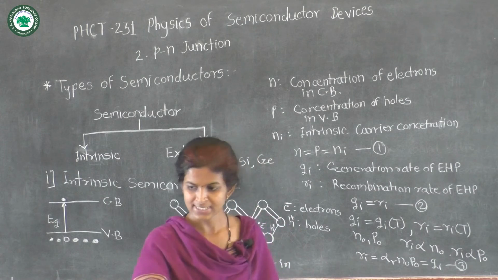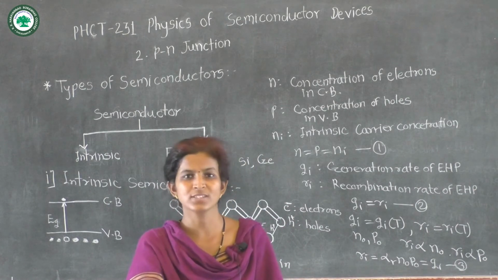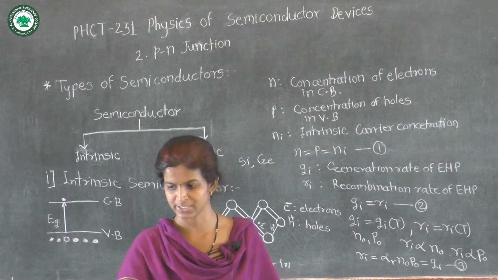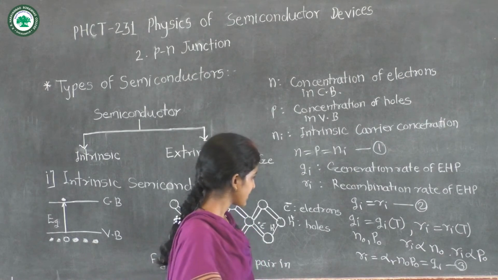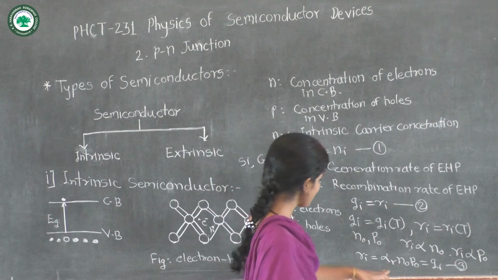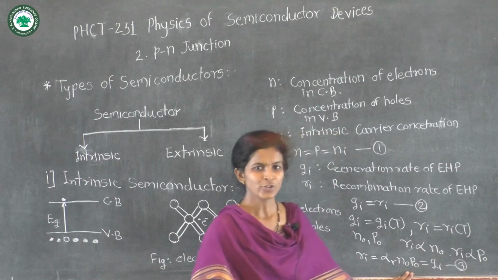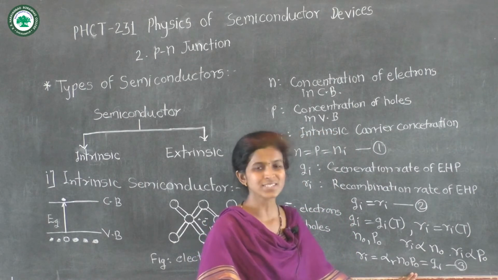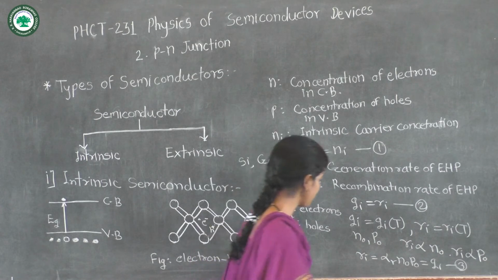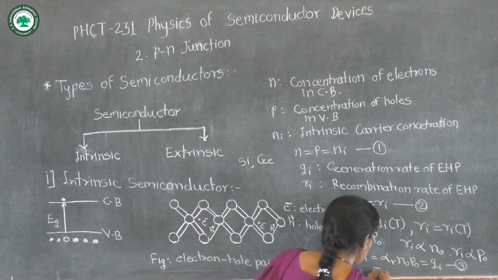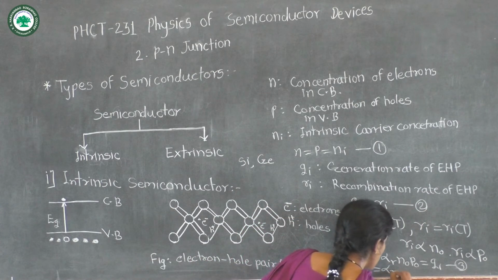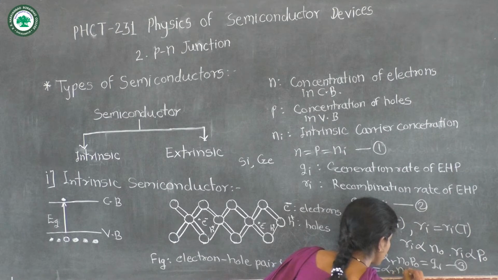This alpha R is the constant of proportionality, and as N0 and P0 are the electron and hole concentration at thermal equilibrium, one may write Ri equal to alpha R into Ni square.